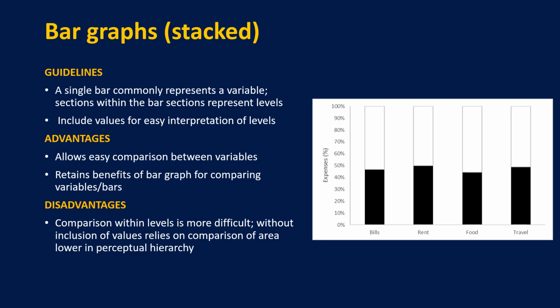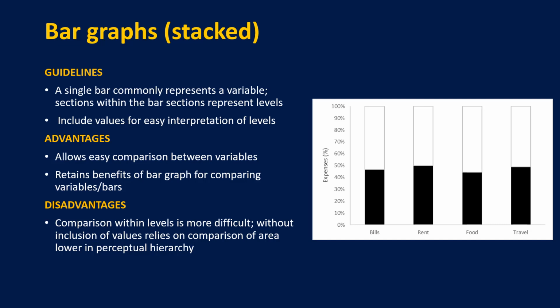It allows you to take the benefits of the bar graph that we've already referred to, but makes the comparison slightly easier. The disadvantage is it's much harder to make comparisons within a level, okay? Because you're still asking the reader to interpret off the scale.